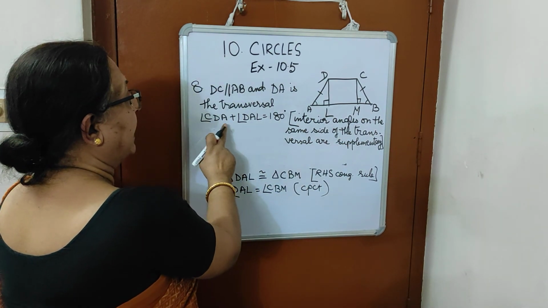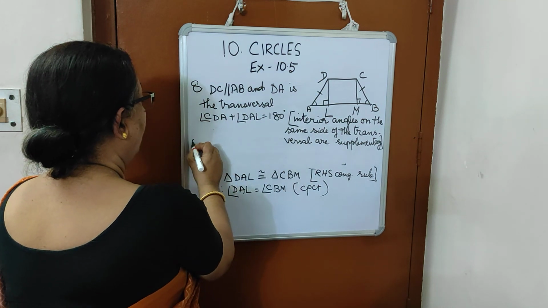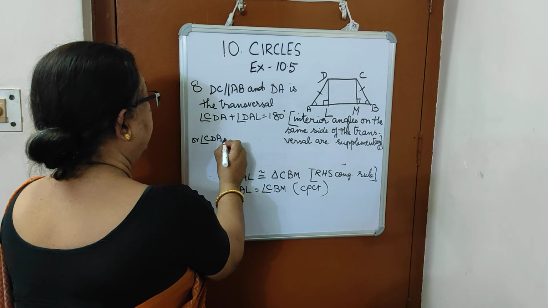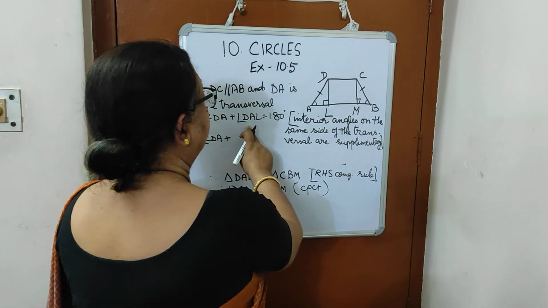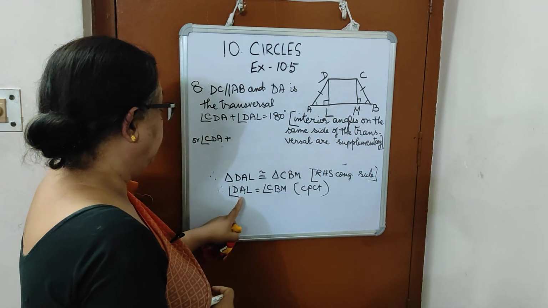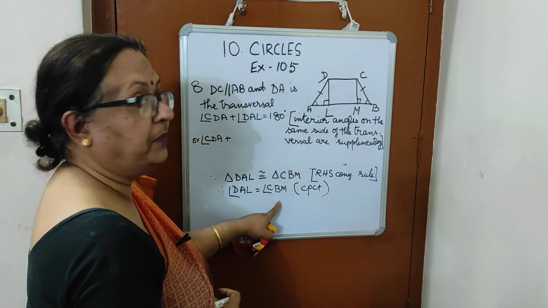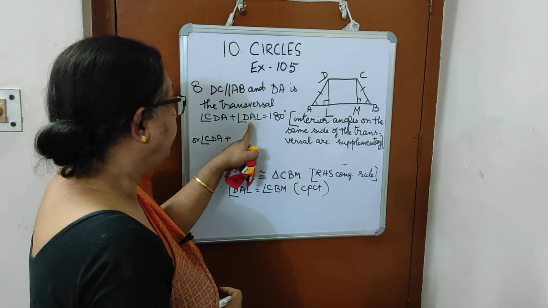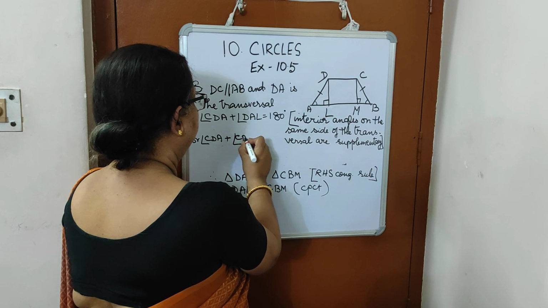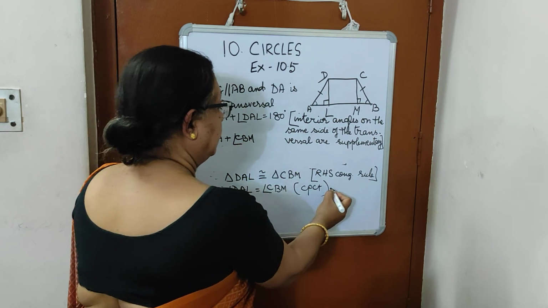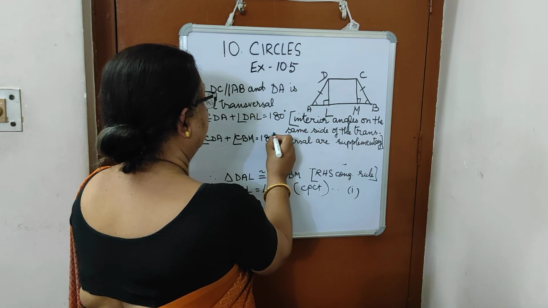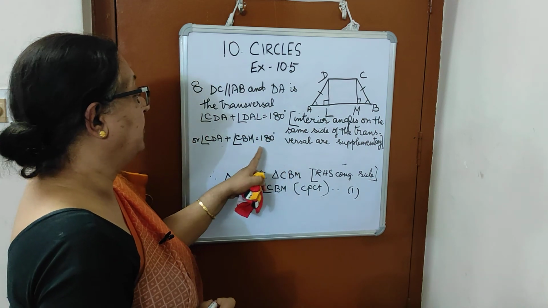Okay, now again just see here. Now angle CDA plus DAL. We have already proved this angle DAL is equal to CBM. So here instead of DAL, can we write this angle CBM? Yes. If this is equation 1, we have the reason from equation 1.